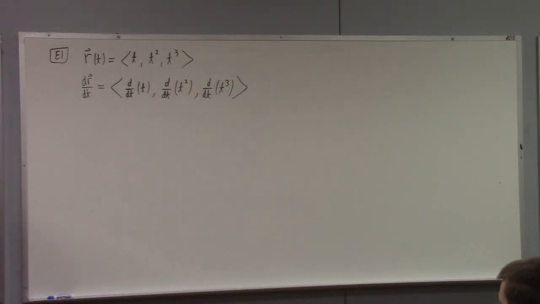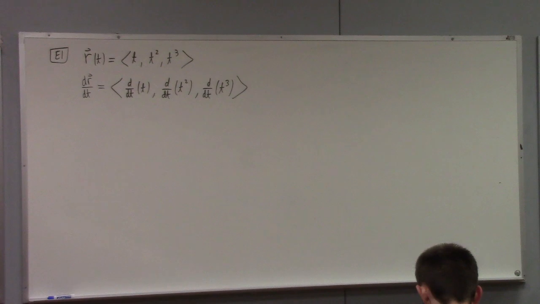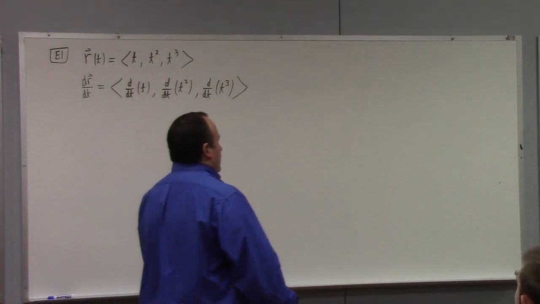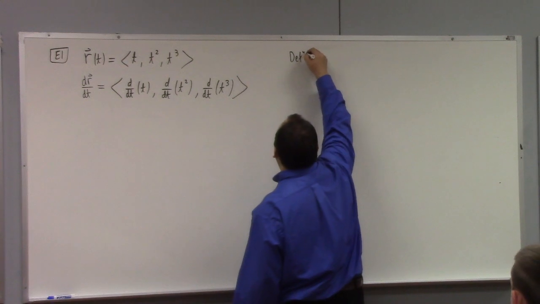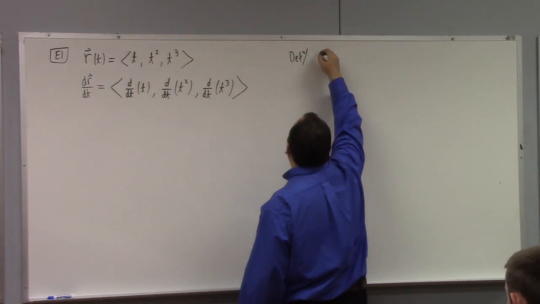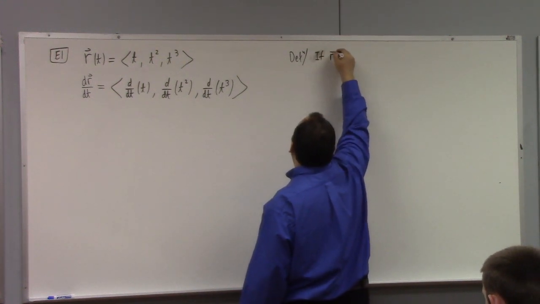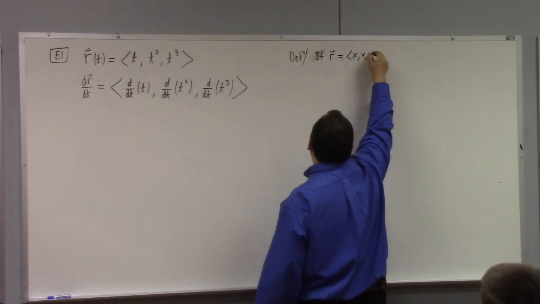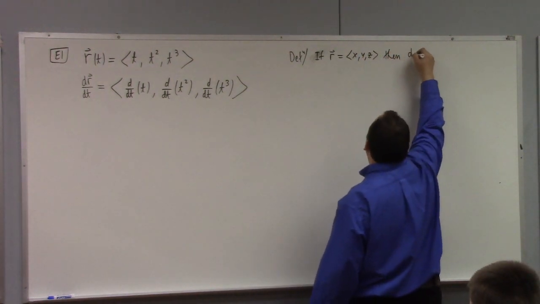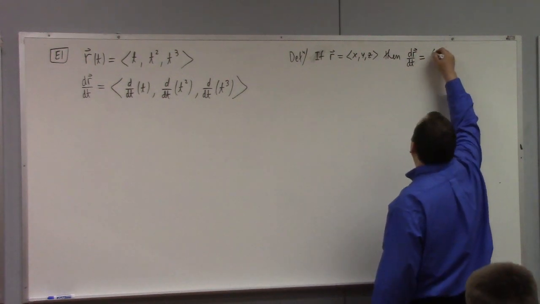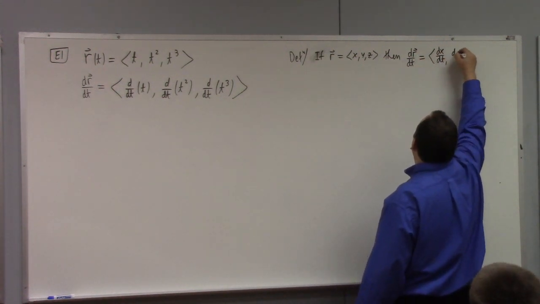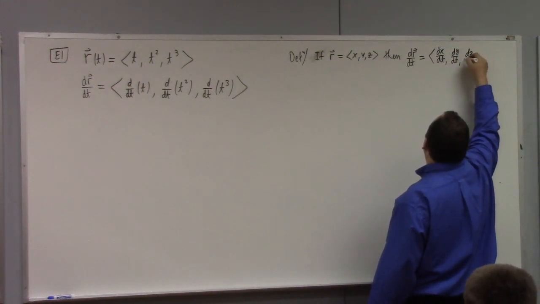Our definition of the derivative of a space curve is that, definition: if r equals x comma y comma z, then dr dt equals dx dt, dy dt, dz dt.